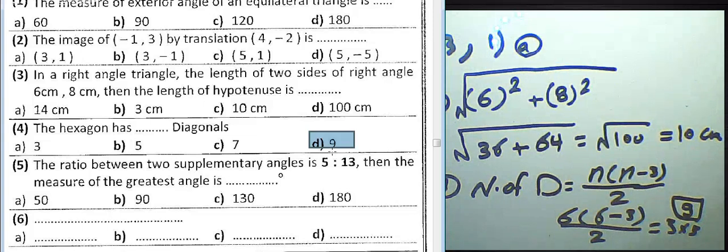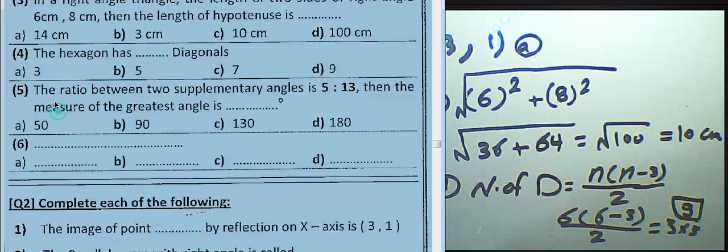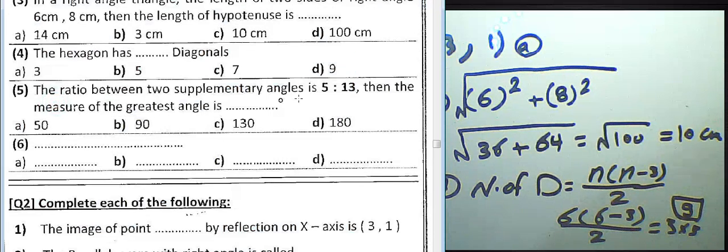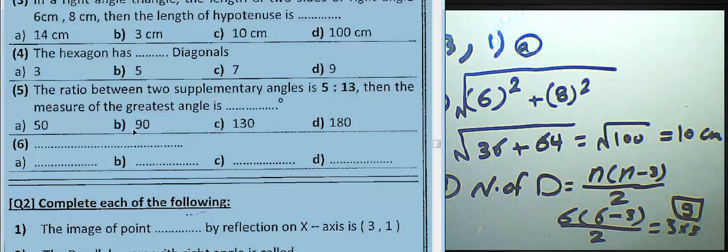Okay, question number 5. The ratio between two supplementary angles is 5 to 13. Then the measure of the greatest angle equals what?